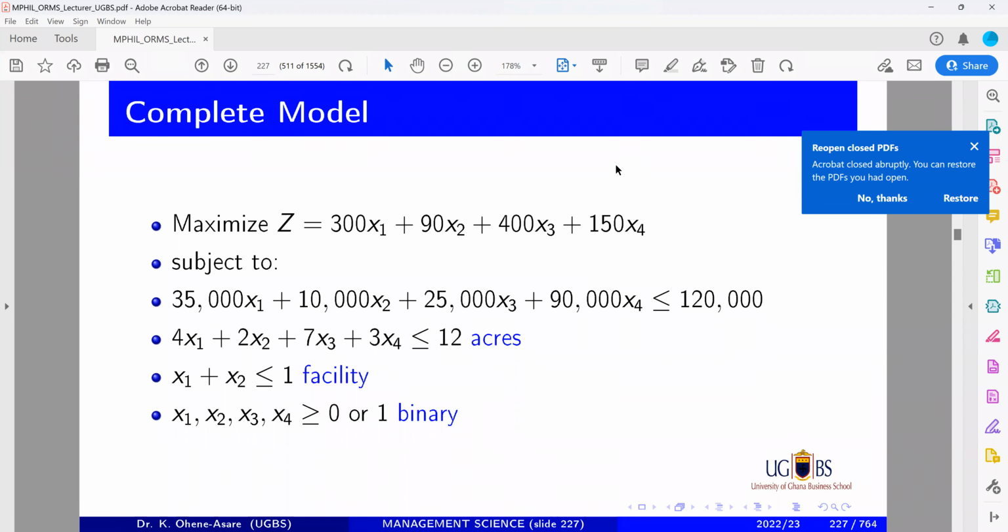Is it going to apply for every binary problem? Yeah, for every binary, when each one of them is binary. Because remember, you can also have a situation where some of them are binary, some of them are not. You know that?